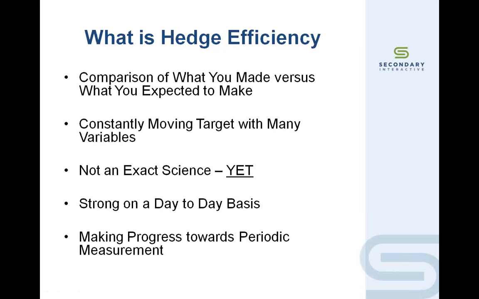So when we back up here and we talk about hedge efficiency, essentially what we're trying to do is compare, you know, what you made, the profit on the hedge, if you will, versus what you could have made. Ideally, you can earmark all of the consequences that detract from hitting that margin. You know, for example, if you're using a TBA strategy to hedge, you're going to have to trade with a broker-dealer.